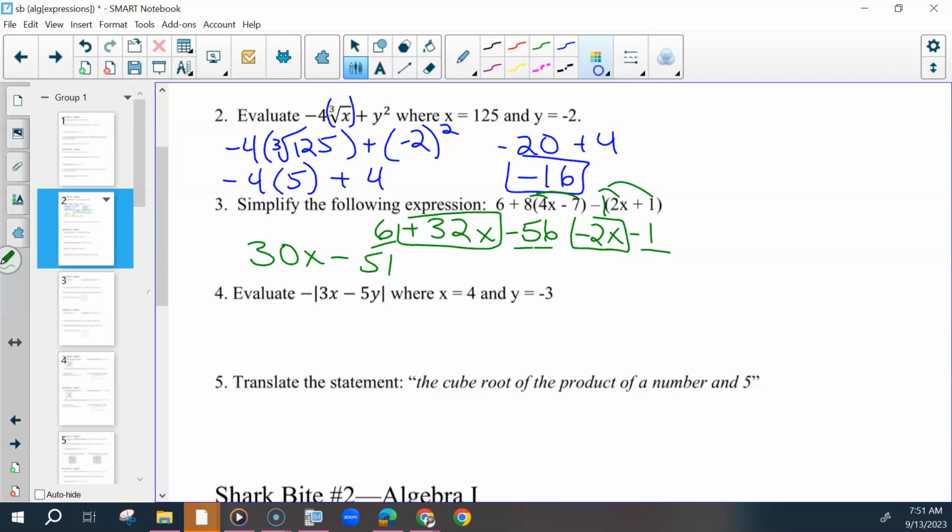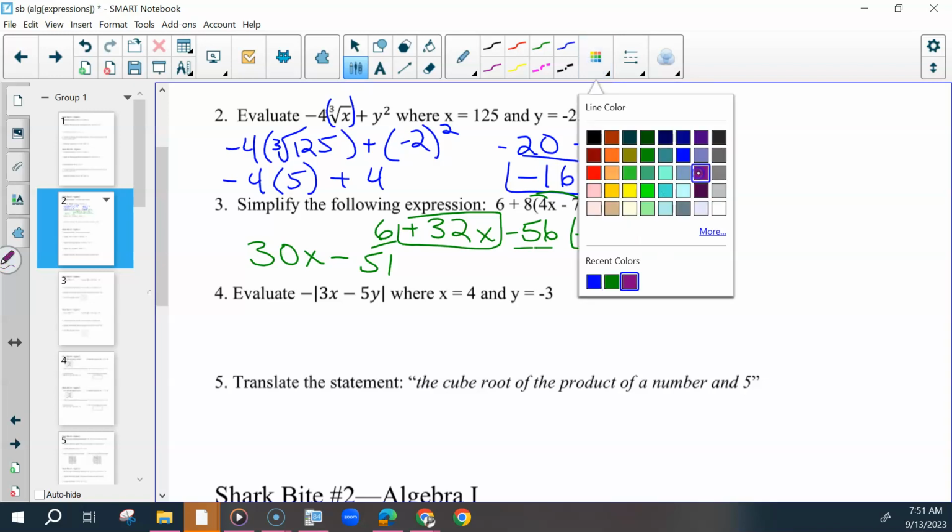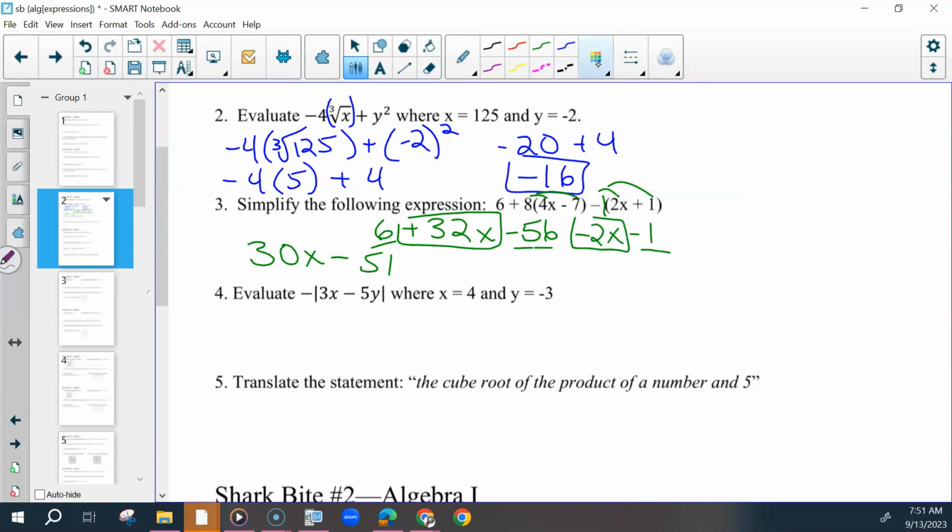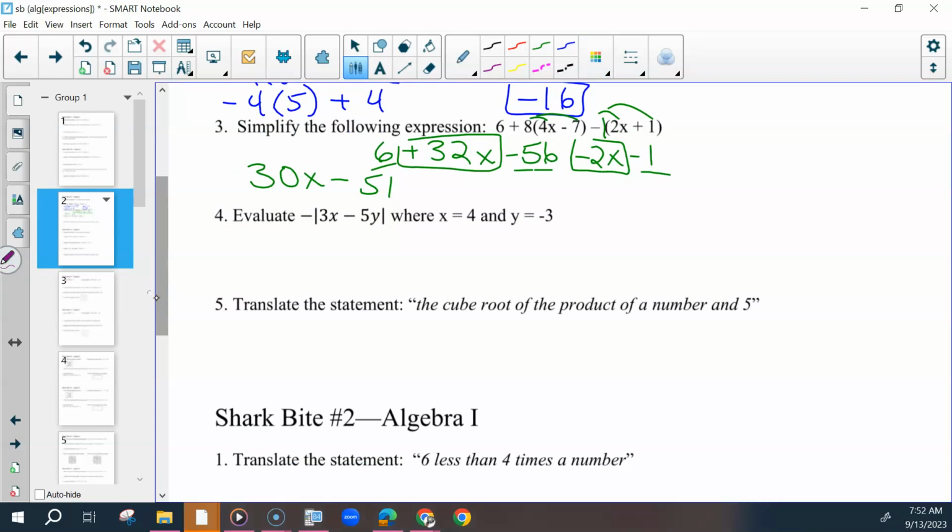Okay, and then number 4, another evaluating where we're putting these in. Make sure you're leaving the absolute value, so 3 times 4 minus 5 times -3. Do what's on the inside first.